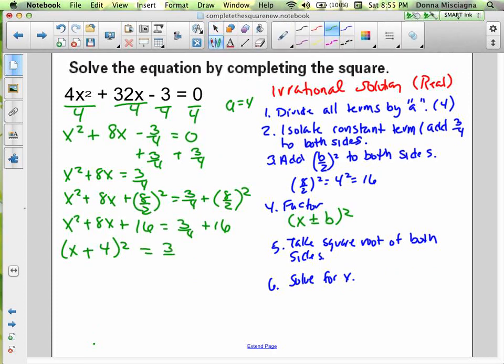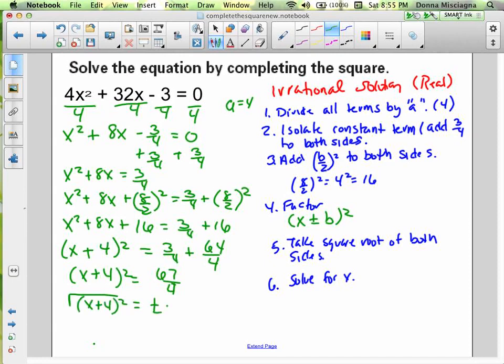equals 3/4 plus 16. I want to change 16 to fourths, so we just have to multiply 16 by 4, so that'd be 64/4. So we have x plus 4 all squared equals 67/4. Take the square root of both sides.